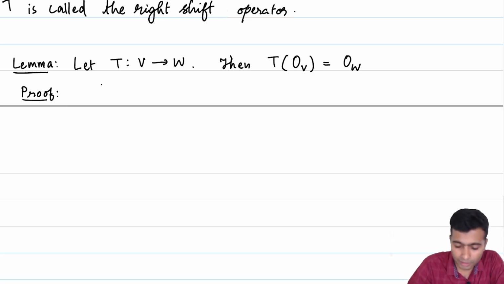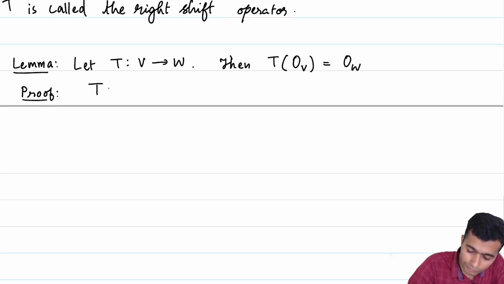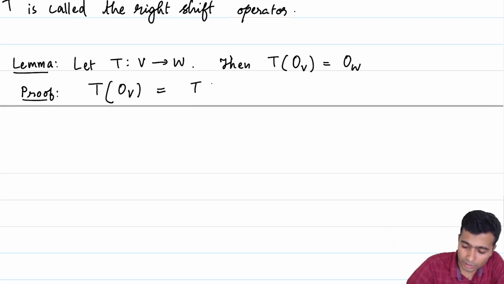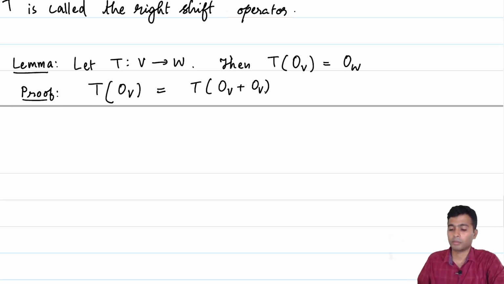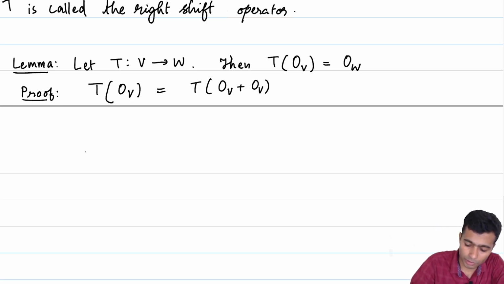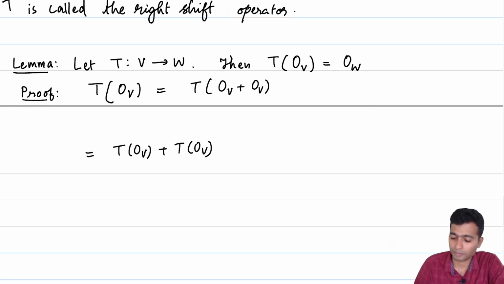This is the same trick which we have been using for proving these kinds of results. We are interested in T of 0V, and this is nothing but T of 0V plus 0V. But T is a linear transformation, so this is equal to T of 0V plus T of 0V.